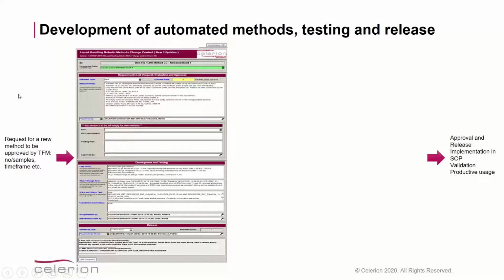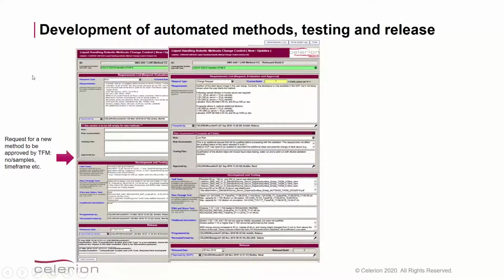Only after the appropriate test has been successfully executed, the method is released for validation. At any point, new requirements can be added to the existing released method. These are documented and the request is forwarded to the study director.